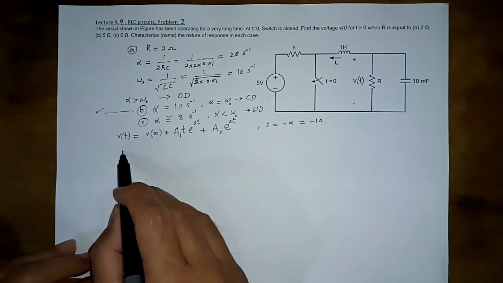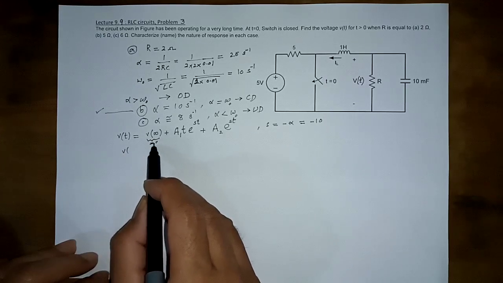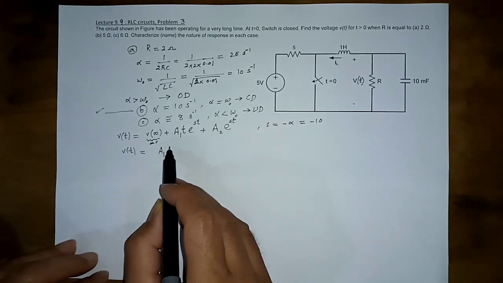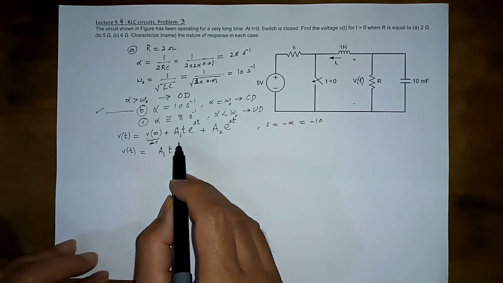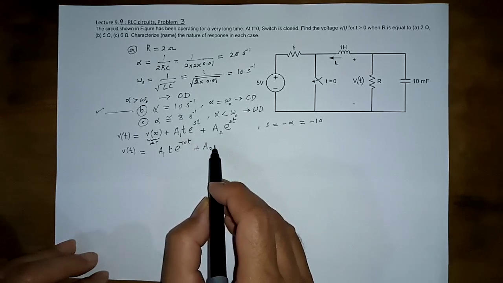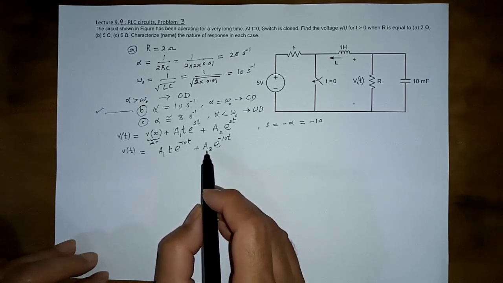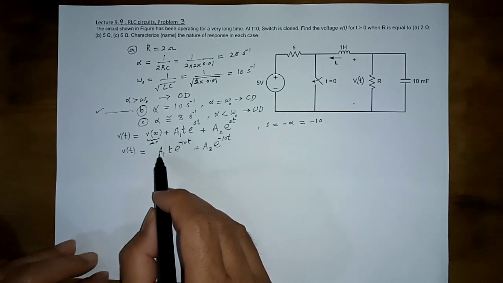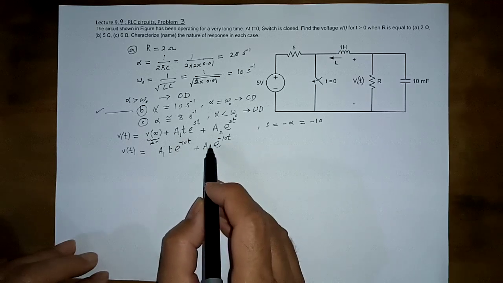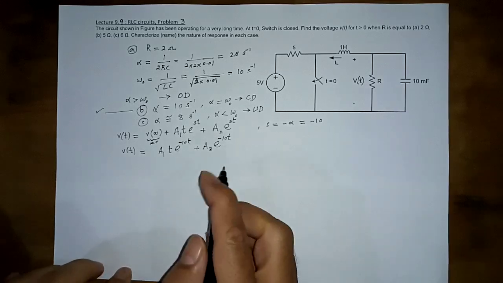So basically v(t), because v at infinity is 0, would be equal to A1 t e raised to the power minus 10t plus A2 e raised to the power minus 10t. It makes absolutely no difference whether you put t in here or here, but one of the terms is going to get a t, the other term does not have the t.